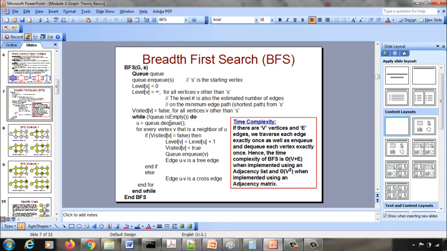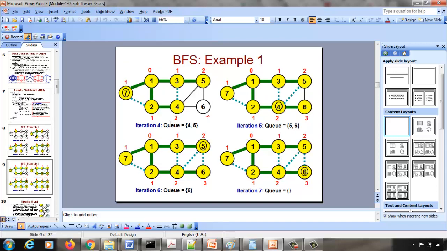Okay. Now as you see, if you start from say vertex 1 and you were able to reach all the vertices before the queue becomes empty, then it's basically the question of reachability. So from that starting vertex you're able to reach the other vertices.